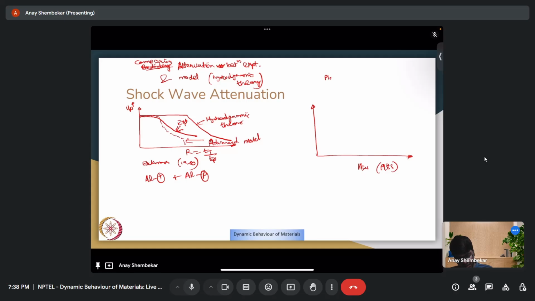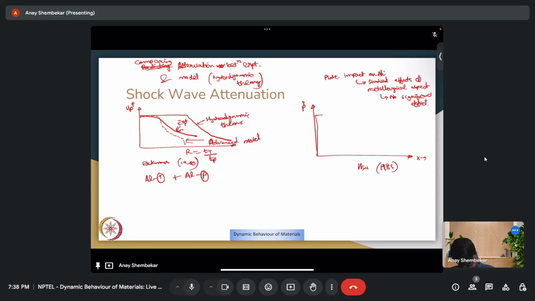You have a plate impacting on nickel, and they basically studied effects of metallurgical aspects such as grain size. They concluded that there is no significant effect on attenuation. So this is a plot of pressure versus distance at different locations.